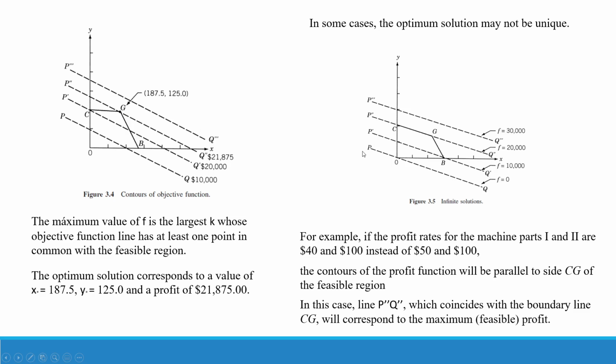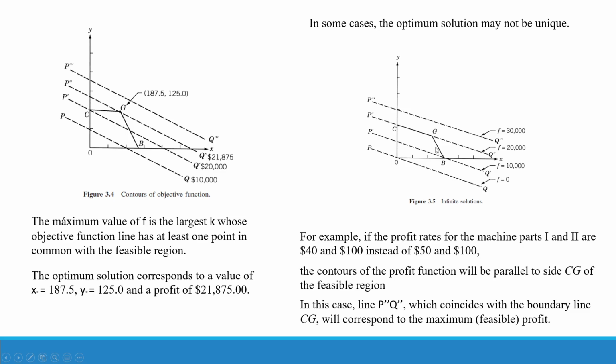But what happens if the profit equation changes? For example, if the profit rates for machine parts 1 and 2 are 4 and 100 instead of 5 and 100, we are going to have this picture.